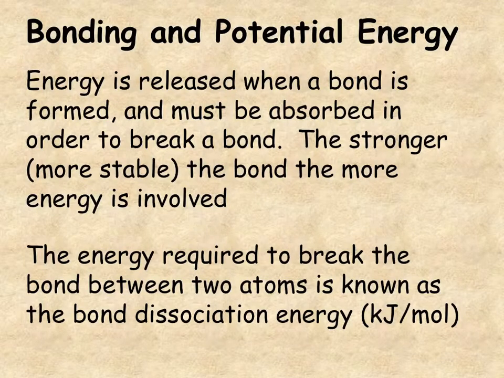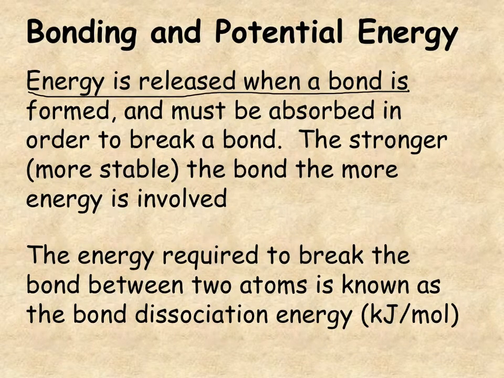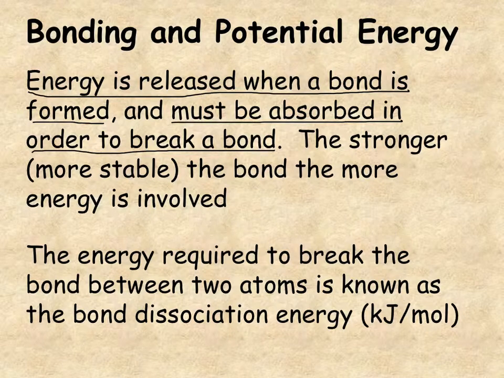Okay, so let's talk about bonding and potential energy with respect to bond energies. Energy is released when a bond is formed, okay? So energy is released when the bond is formed, and that is an exothermic process because we are releasing energy. And we must absorb energy in order to break a bond. So there's a bond in existence. We need to overcome the forces of attraction to break that bond, right?